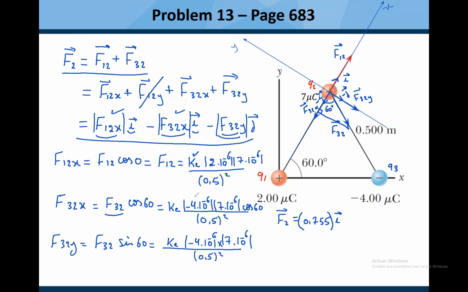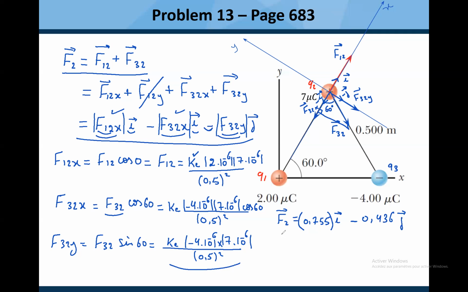Then we add this value with this value, and we get this answer, minus, because here we have minus this value. The answer is 0.436 j. So this is the value of F.